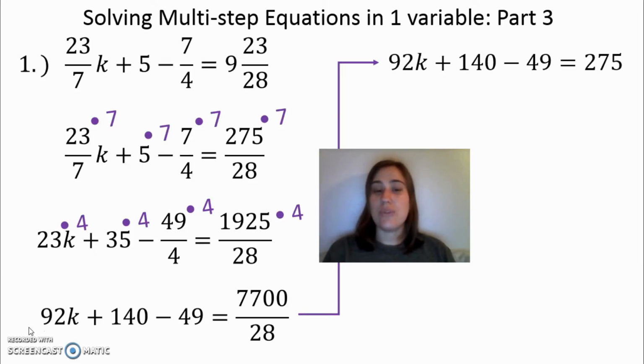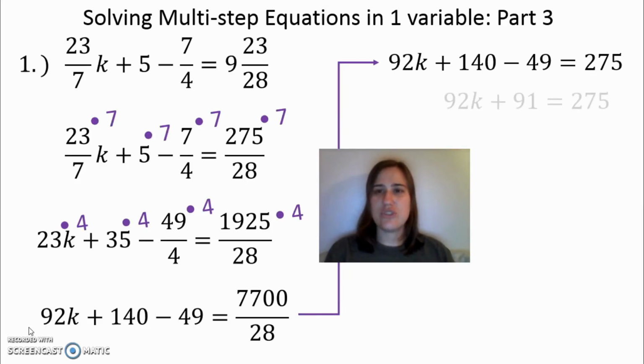I divided 7,700 by 28 and it equaled a whole number, which was awesome. It was 275. So I don't have any fractions left. And now we're back to part 1 of the multi-step equations in one variable, where we just get to combine and cancel stuff. So it's much better now.